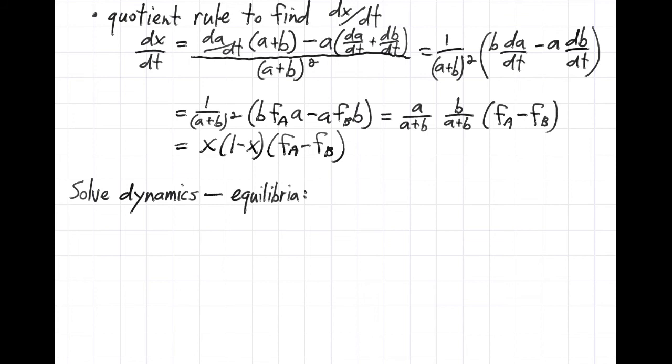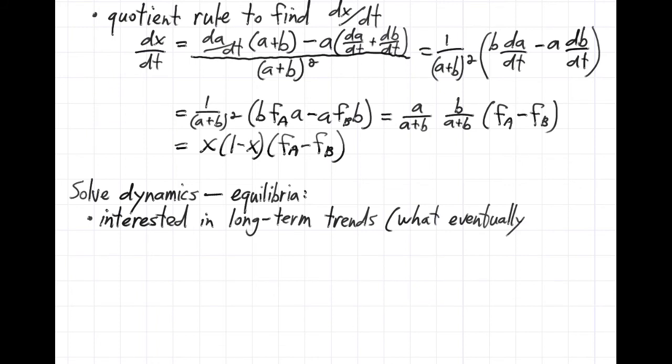I'm using the term equilibrium, but I don't mean a Nash equilibrium. I just mean a place where X is not changing. Our motivation for doing this is that we're interested in the long-term trends, or in other words, what eventually happens to the population.